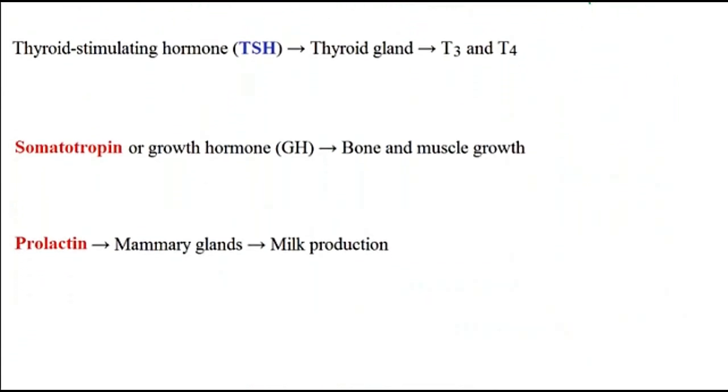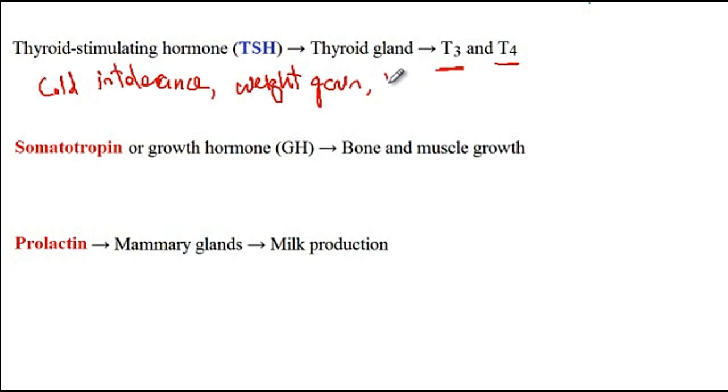Alright, now that we are done with the ACTH, next we can move on to the function of the thyroid stimulating hormone. So thyroid stimulating hormone acts on the thyroid gland to increase the production of the triiodothyronine as well as the thyroxine. So therefore, patients that lack the thyroid stimulating hormone will present with cold intolerance, weight gain, lethargy, constipation, and dry skin.